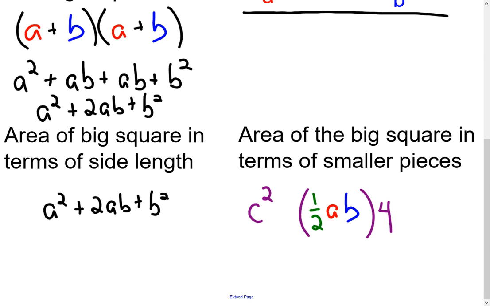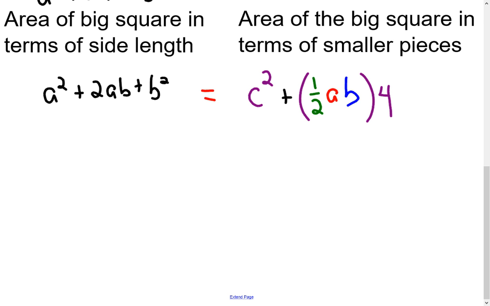If I add together the little square and the 4 triangles, I have the area of that big square altogether. But that's going to be the same thing as the area of the big square when we find it in terms of the sides. Now, the reason I'm doing this is to show you a little formula that's going to be coming up.